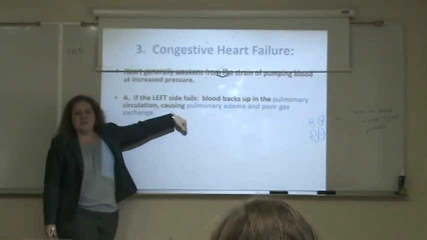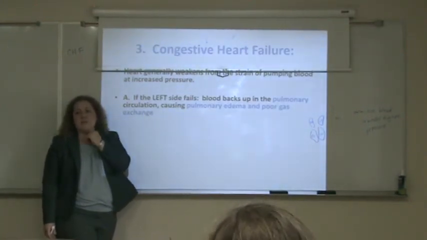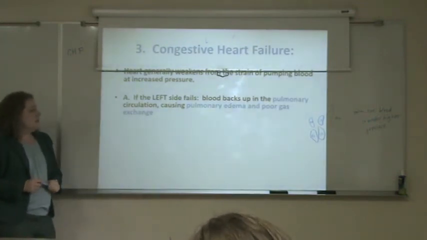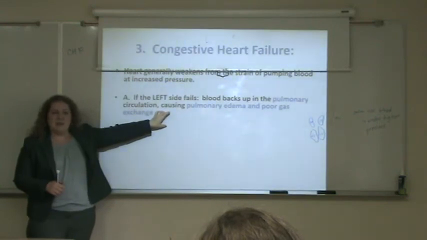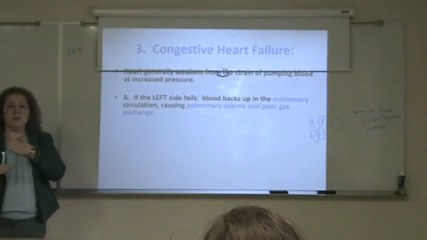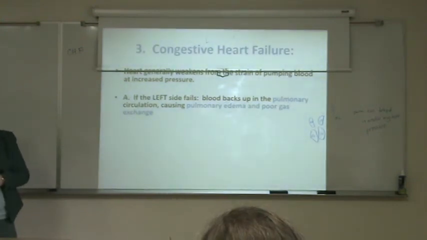You can't get oxygen and CO2 through the fluid very well, so that's going to cause blood gas problems. And this would be partly how you diagnose somebody that has left side heart failure: they have lung problems and they have low blood oxygen. And they will also have probably acidosis, which we'll get to later in the semester.